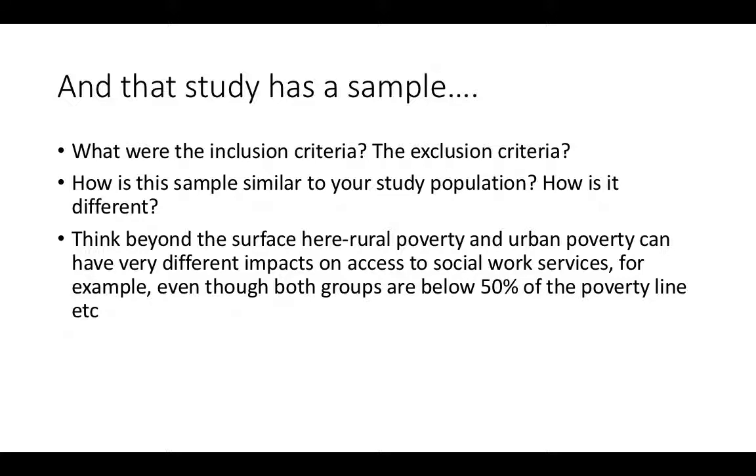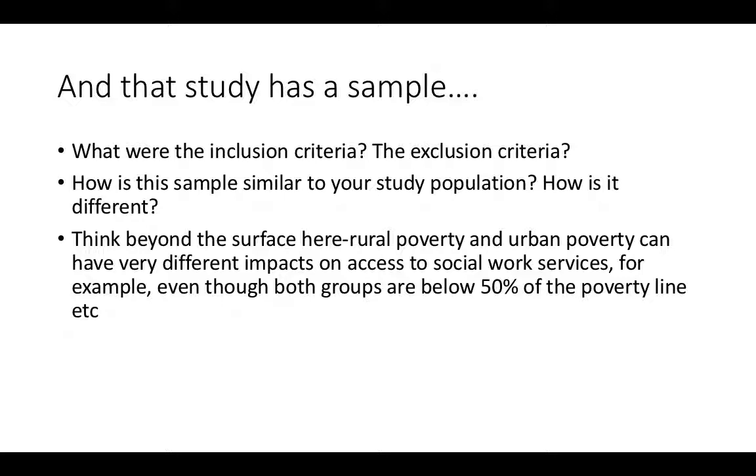So for example, let's say the sample in the study you're reading, the majority of participants were below 50% of the poverty line. And you serve clients, you work at an agency that serves clients that also are below 50% of the poverty line. So on the surface, the population that you serve and the sample in the study are similar because they are both very low income.